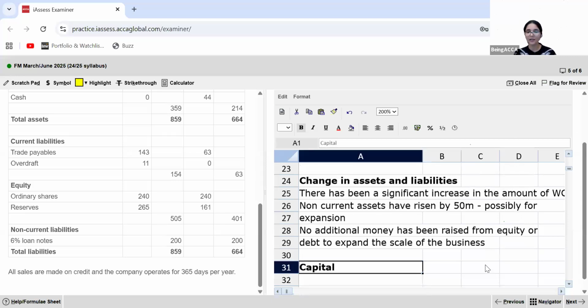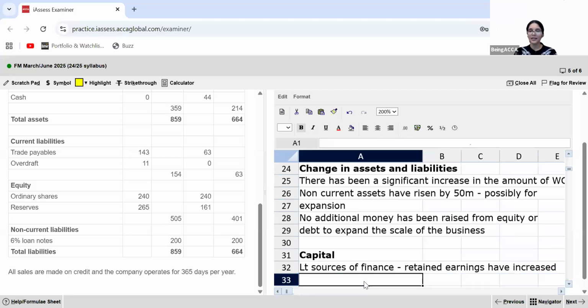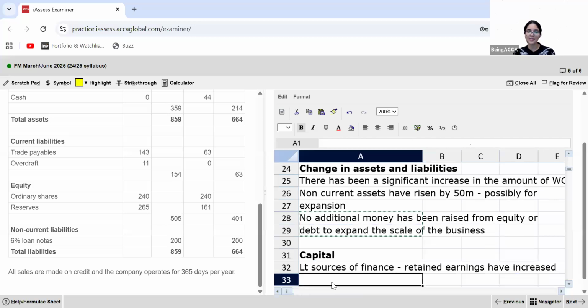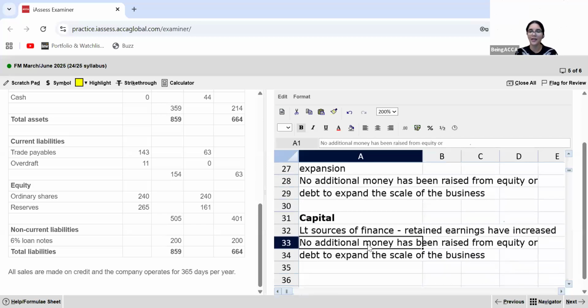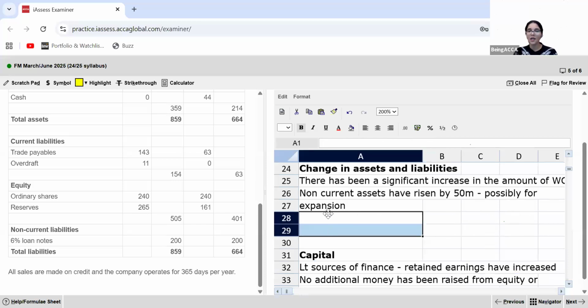So we can say that in the long term sources of finance, retained earnings have increased. And I think the additional money point is going to make much more sense here under the capital aspect. So this is what we can bring here.